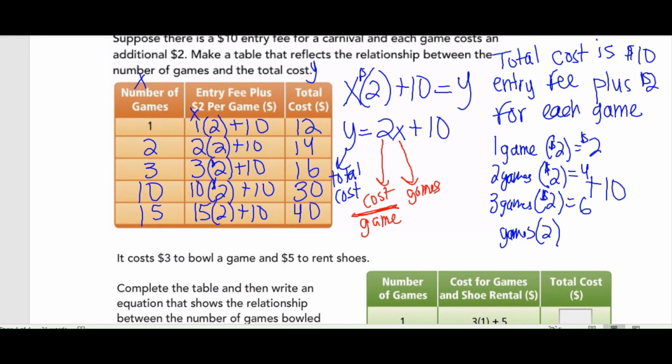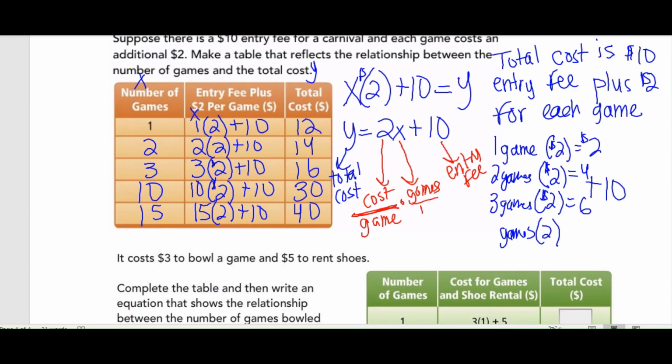If you remember getting your units to cancel out, notice here we have games in the numerator and games in the denominator. It'll cancel out and give us money, which our final answer is in money, total cost. So you could think of it as that. Those are related. And then we have the $10 is represented by the entry fee, whether you play any games or not.